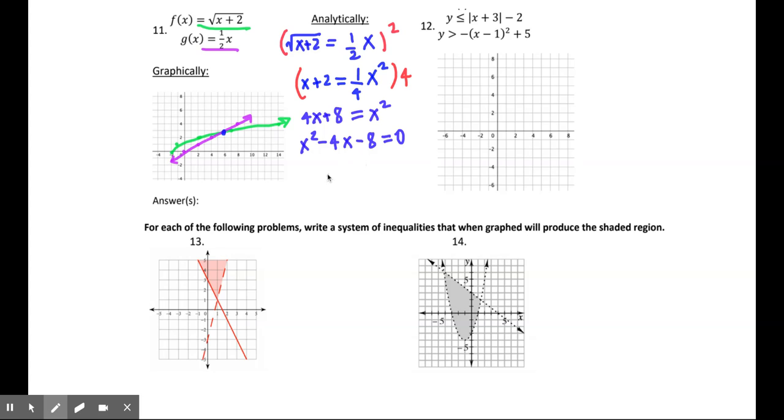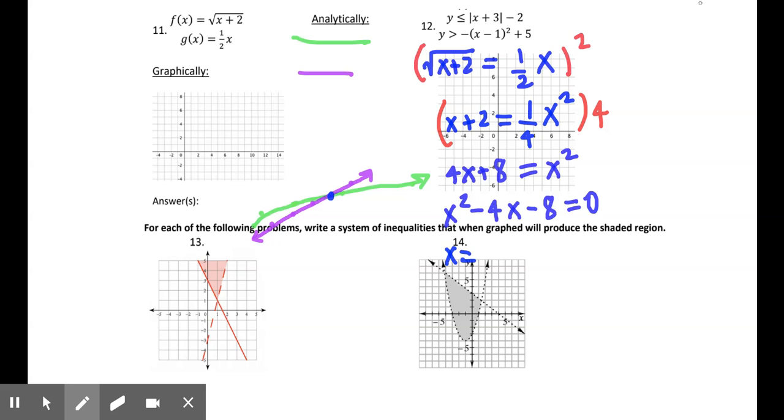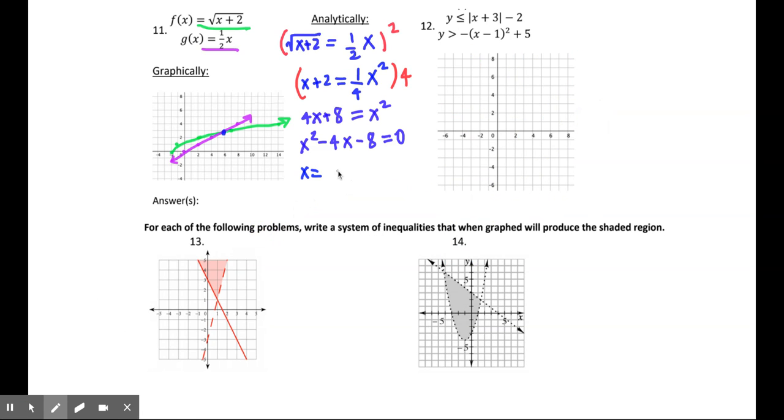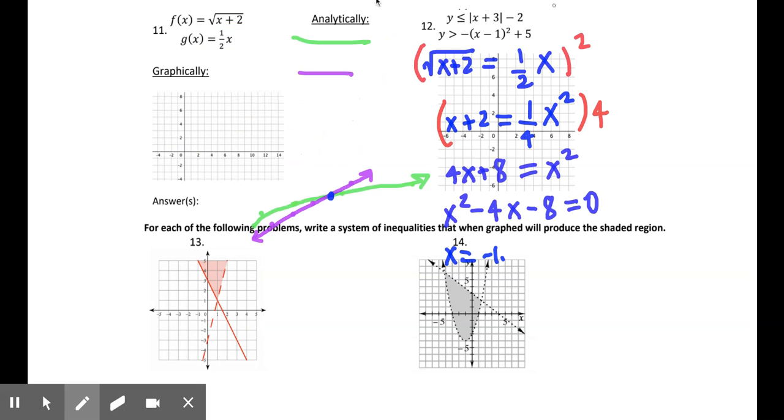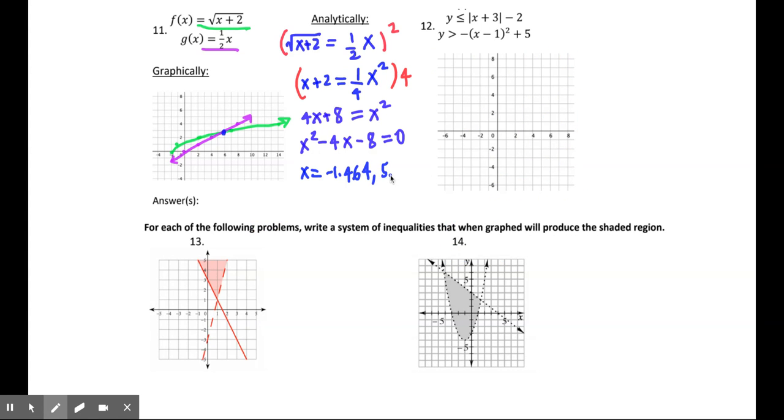So you can use a quadratic formula, and you would get x equals negative 1.464 and 5.464, if you use the quadratic formula with that quadratic.